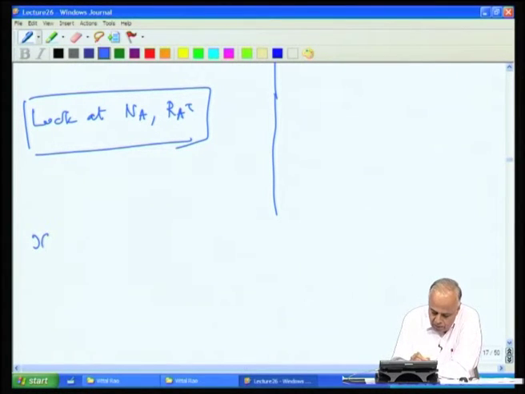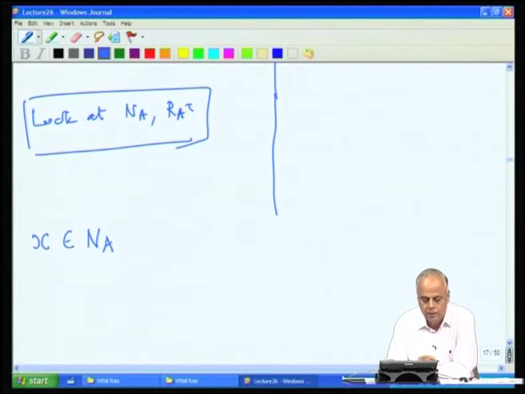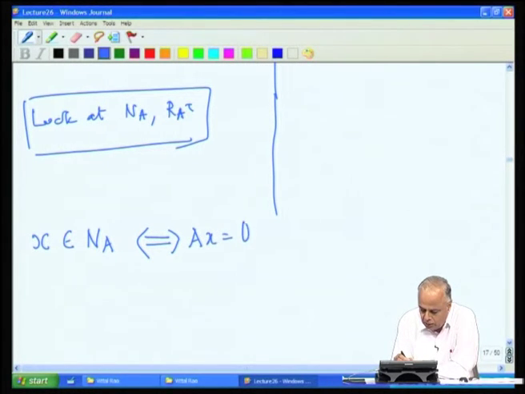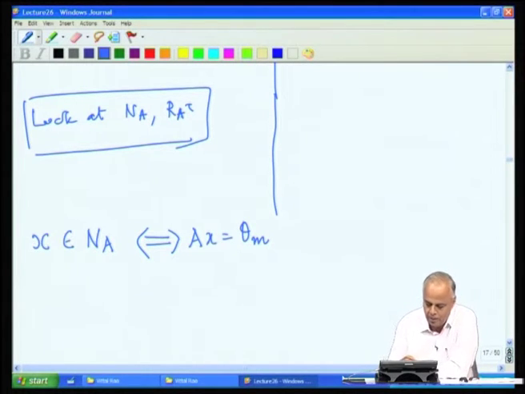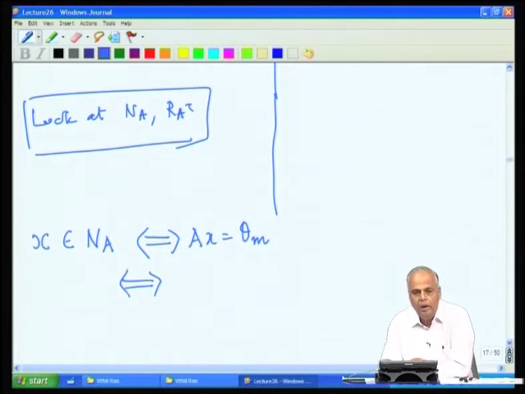Now, suppose a vector x belongs to the null space of A. This can happen if and only if Ax equals theta m. This is what is meant by saying that x is in the null space of A. That means x gets annulled by the matrix A. Now, if Ax is the 0 vector, the only way something can be the 0 vector is if it is orthogonal to all the vectors.